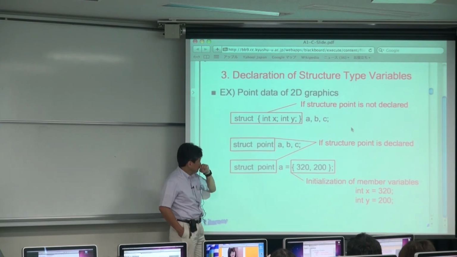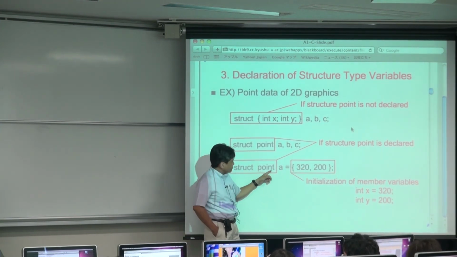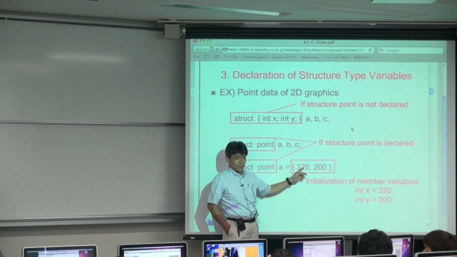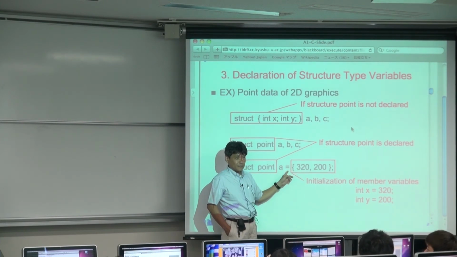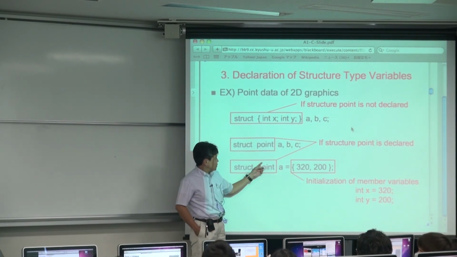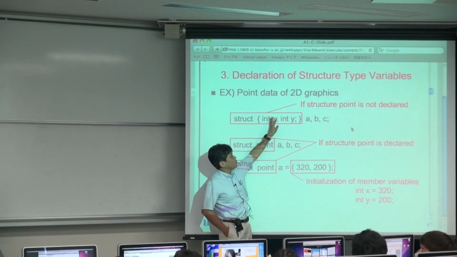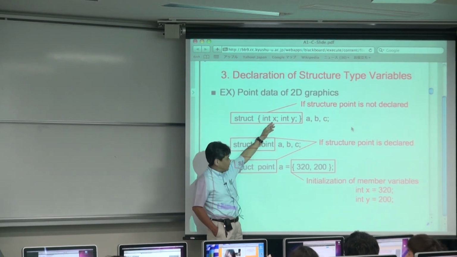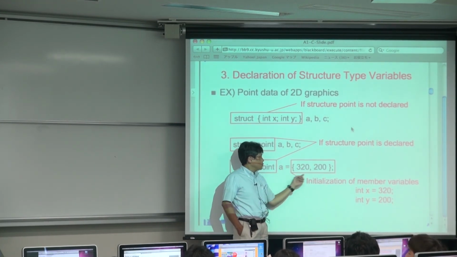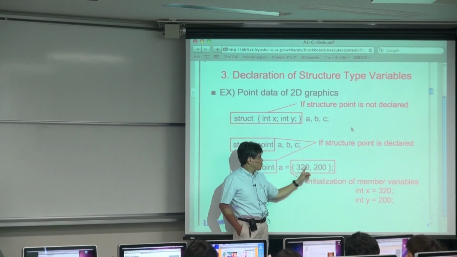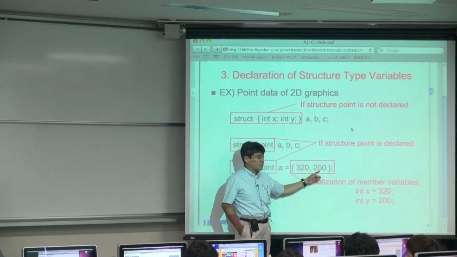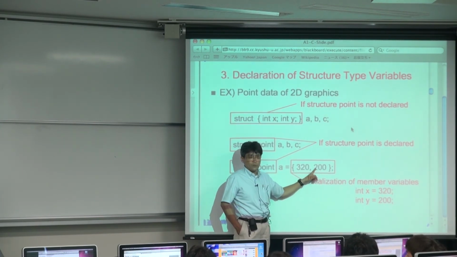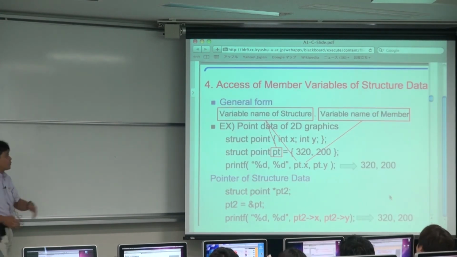And you can also define the initial values for variables. Point, as I explained, has x and y as its member variables. And using this form, you can specify the initial value for the x member variable and the y member variable. In this case, x is 320 and y is 200. So this is very important.